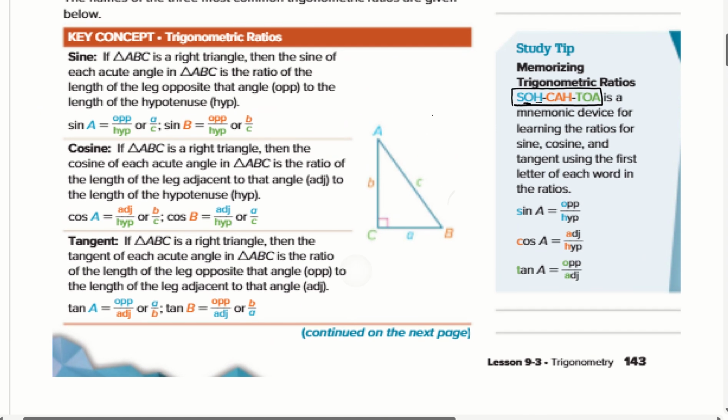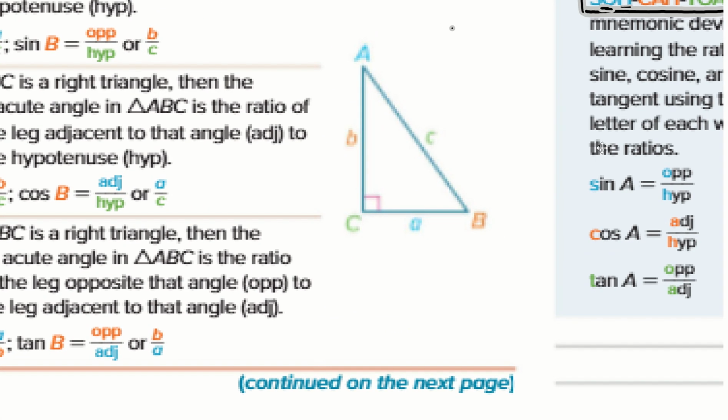For example, if I have this right triangle and I want the sine of A, then the sine of A is opposite over hypotenuse. So this is the opposite side, this is the hypotenuse side, and by default, this is the adjacent side.